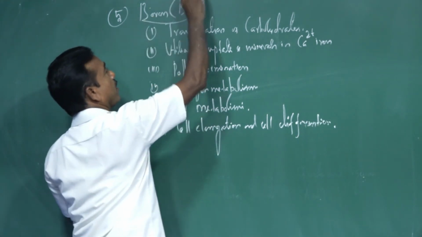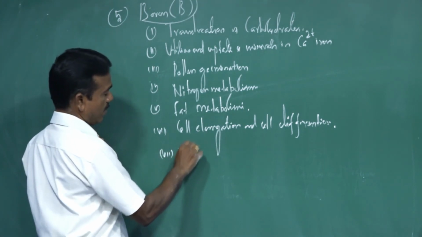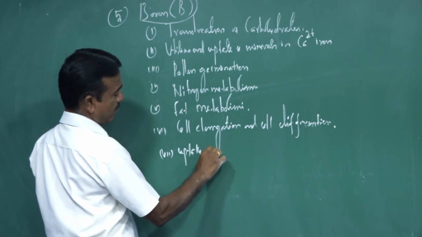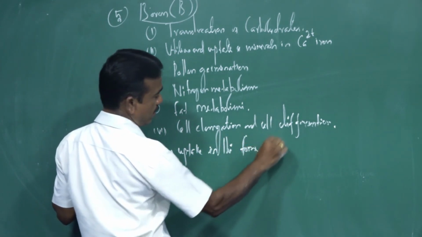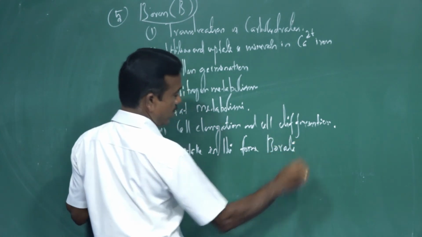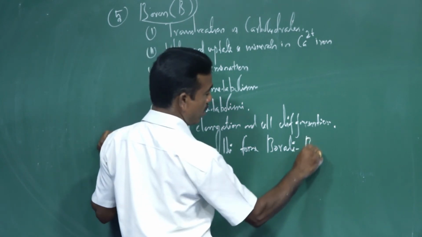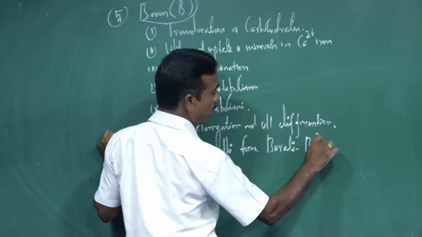Boron is taken up by the plant in the form of borate, that is BO3 minus.